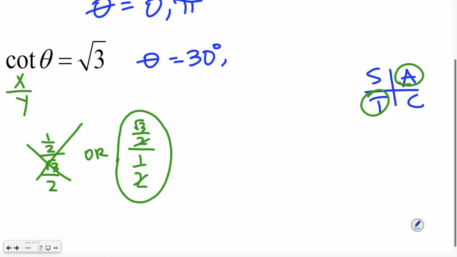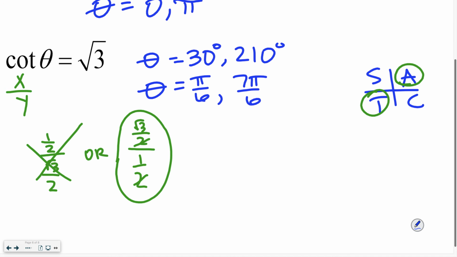And so then in the third quadrant would be, so we have pi over 6 and 7 pi over 6. Okay, I'm going to pause our video, I guess stop our video, and I'm going to teach you a trick real quick.